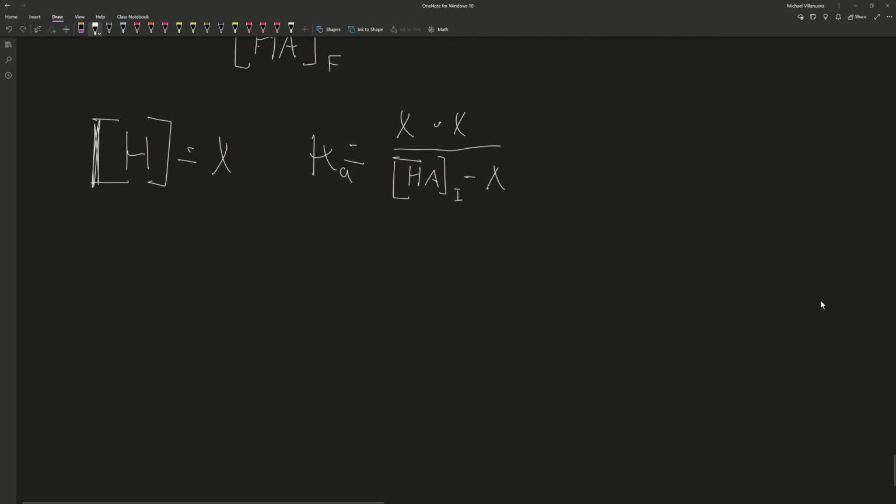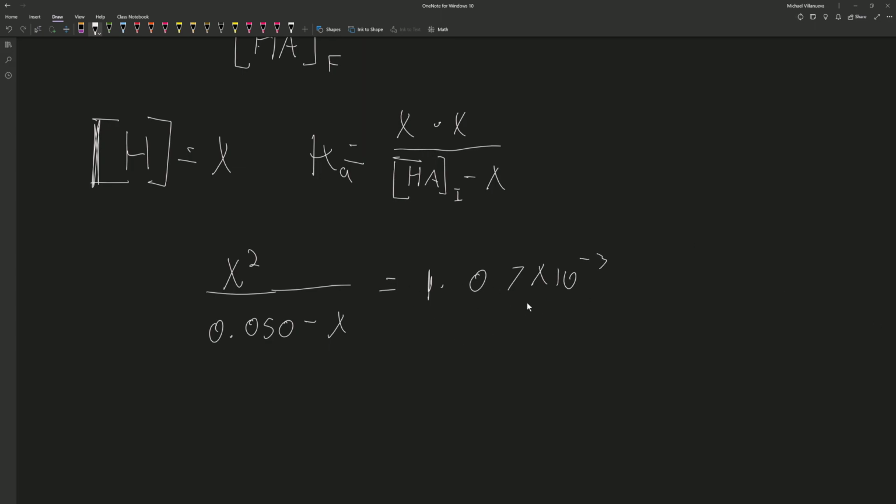And if we simplify this a little bit, we will get X squared over 0.050 minus X equals 1.07 times 10 to the negative 3.